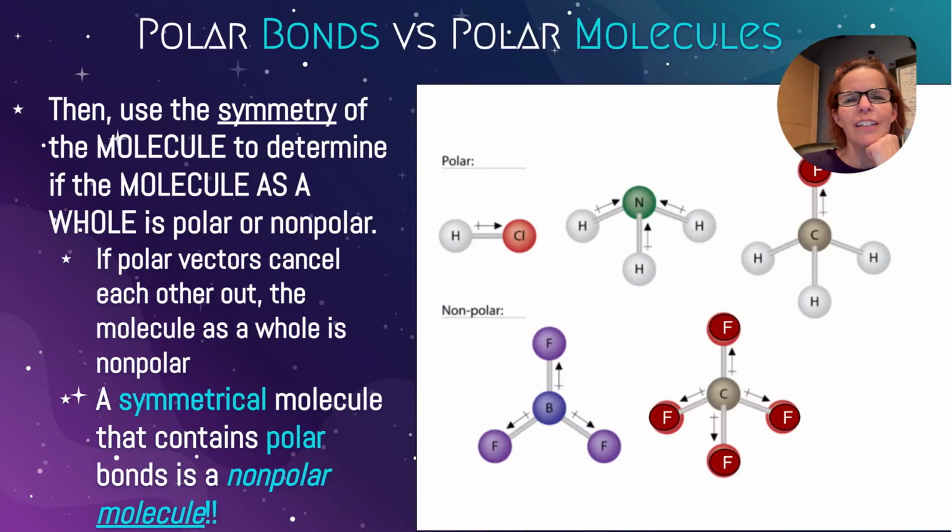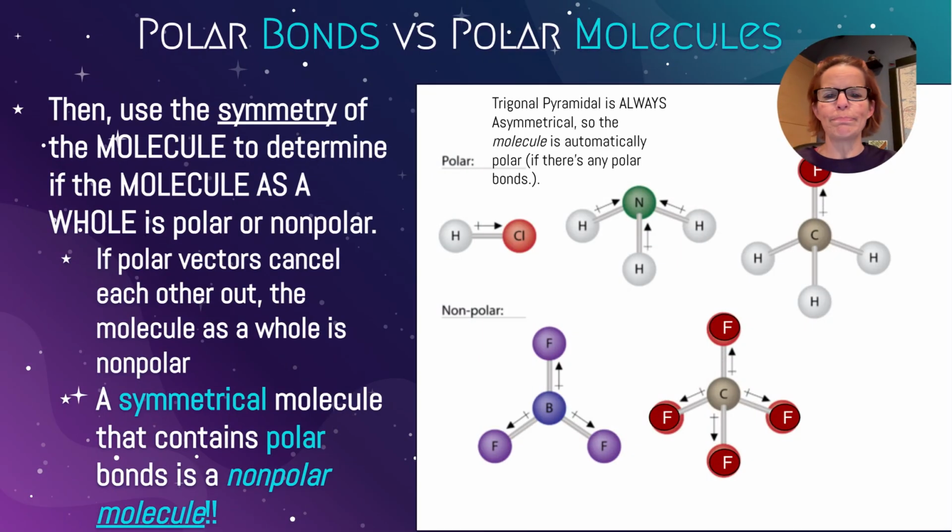The only time linear and tetrahedral are symmetrical is if their terminal atoms are the same. If their terminal atoms are different, then we're no longer symmetrical. So a symmetrical molecule that contains polar bonds is a nonpolar molecule because the vectors cancel each other out. It's like two equally strong people pulling on that tug of war rope.